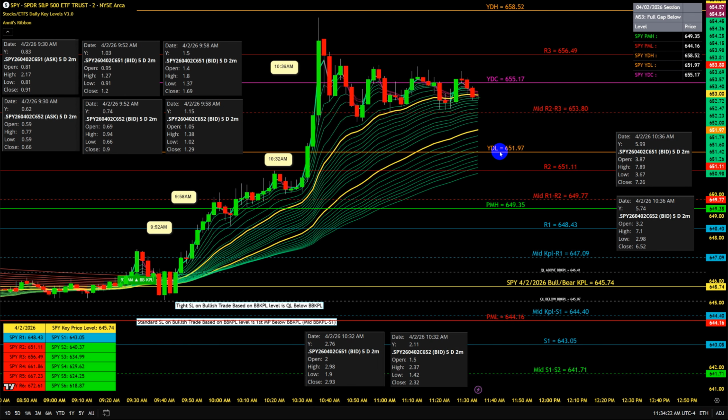Now, normally we talk about the three option strikes that we already went over. That is the standard play, the closest strike to the level that you're basing the trade on. In this case, it was the bull bear key price level, and the bullish trade off of that level with the first out of the money strike, the first midpoint above, the closest strike to that level, and then the furthest out of the money, the R1, one level away.